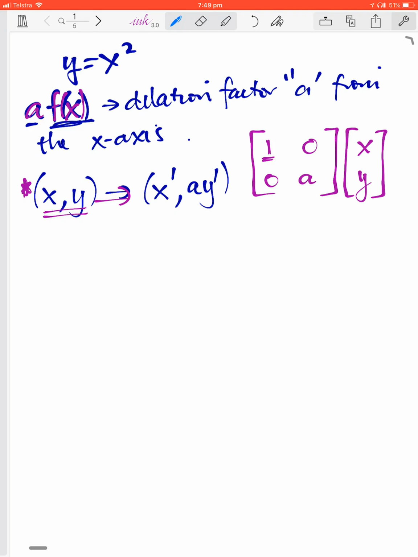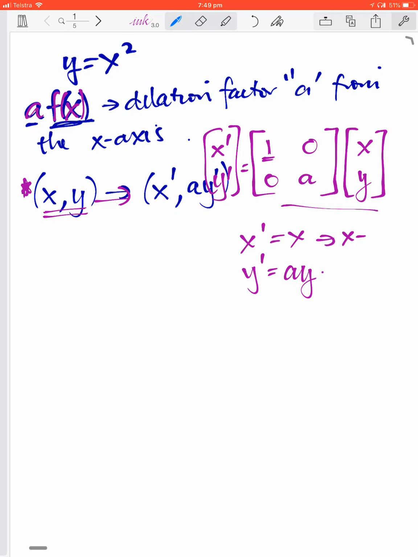So what am I going to get? If I multiply this out, if I said x dash, y dash is equal to, I get x dash equals x, y dash equals a y. When I transpose them, I get x equals x dash, y equals y dash on a.